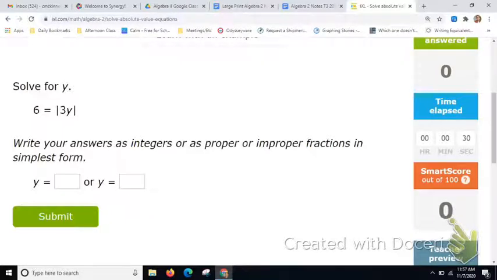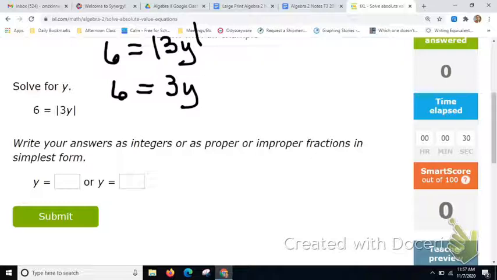All right, so 6 is equal to absolute value of 3y. So the absolute value bars are already by themselves. So then either 6 is equal to 3y or negative 6 is equal to 3y. So it's that number outside the bars that we use, and we use its opposite for the second equation.